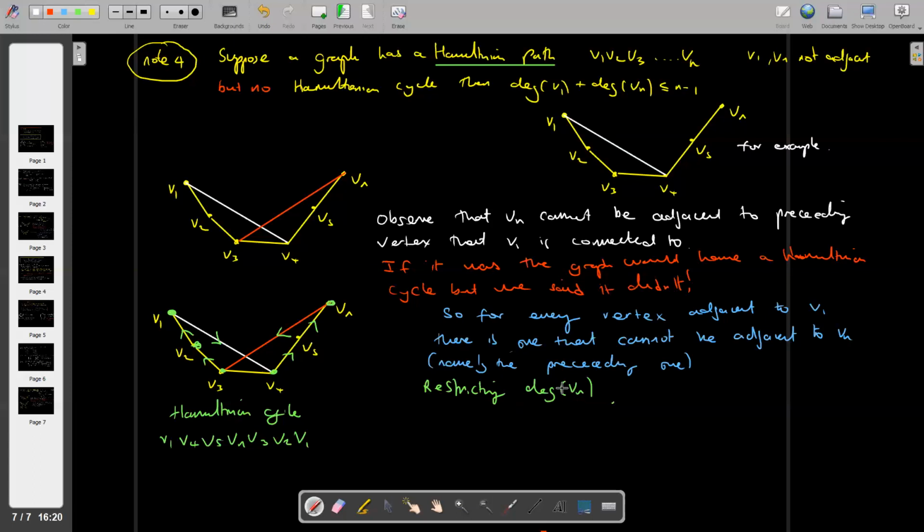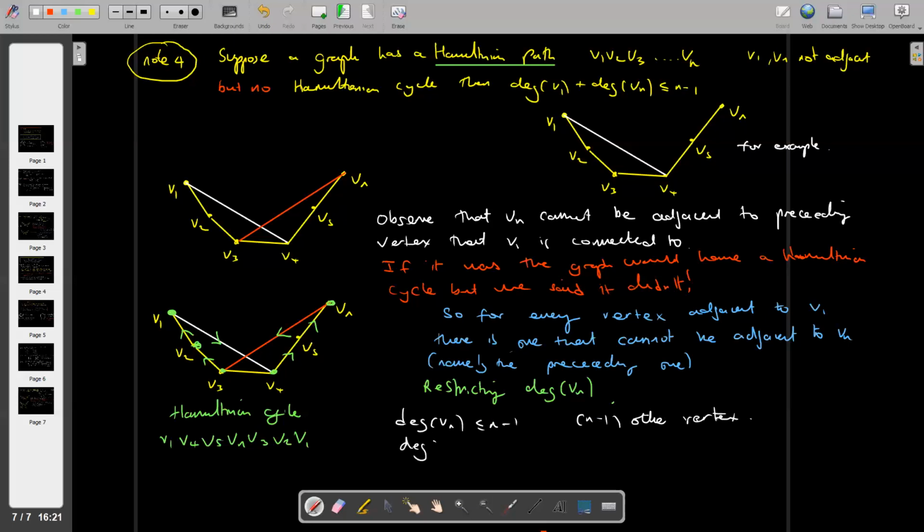How's this going to work? The second thing to notice is that the degree of Vn must be less than or equal to n minus 1, because there are n minus 1 connections to n minus 1 other vertices.